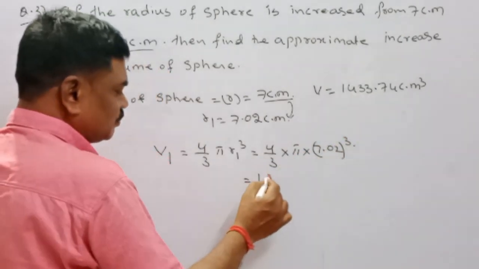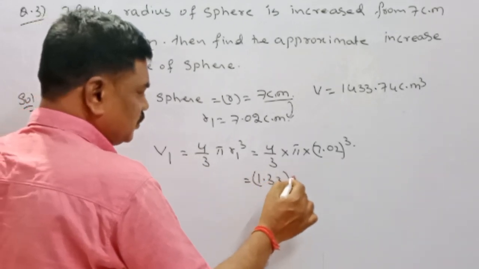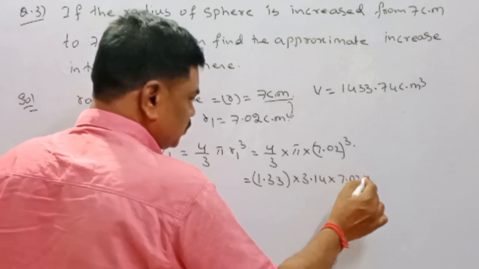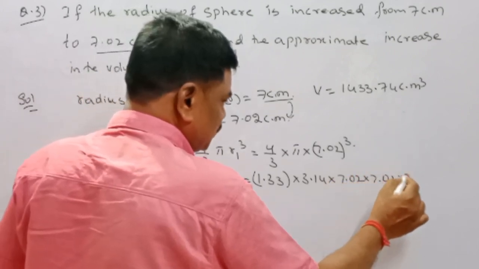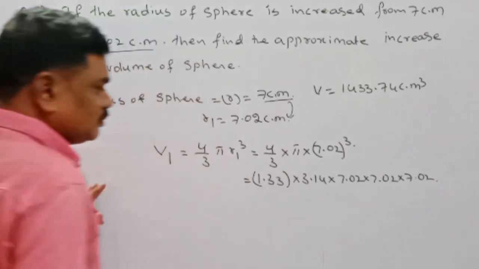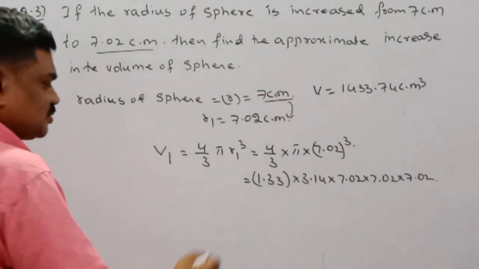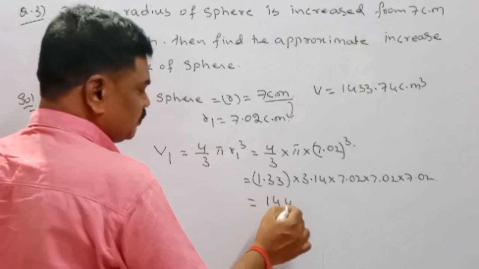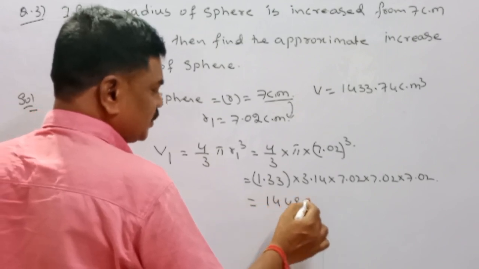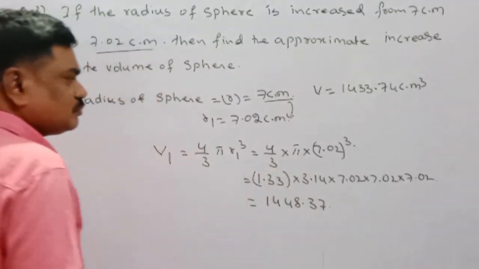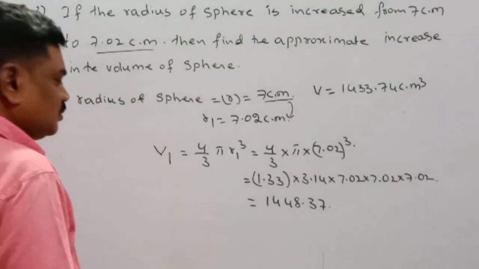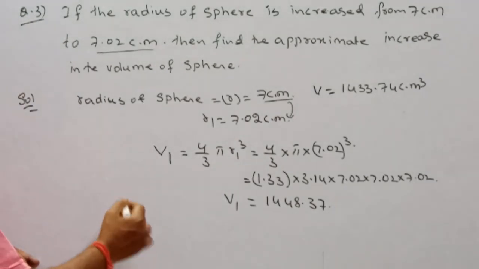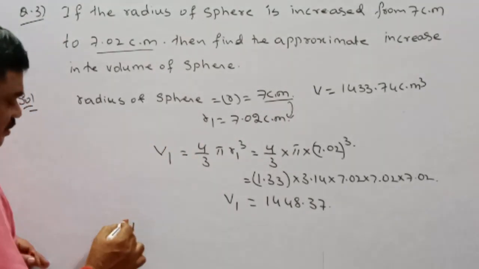This is 1.33 into 3.14 into 7.02 into 7.02 into 7.02. Multiplying this gives 1448.37. Okay, all of you. Then this is V1. What is the increased volume?